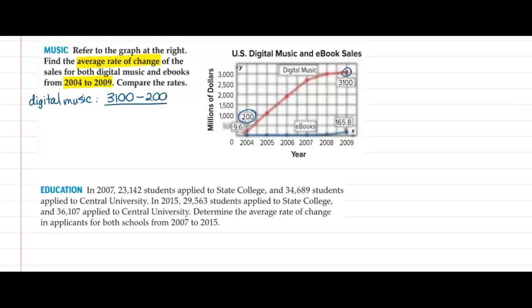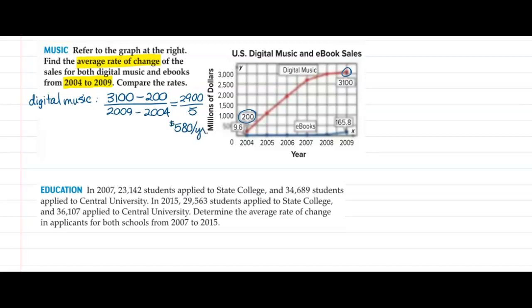And then we're going to go from 2009 to 2004 because that's the range that they've given us. And when we subtract those, we're going to get 2,900 over 5, which is 580 million per year.